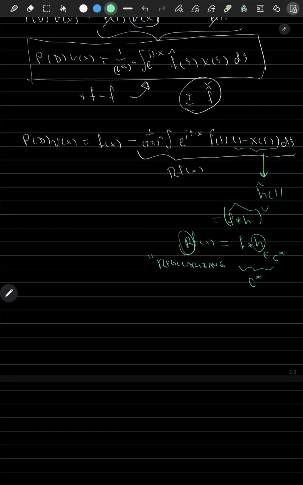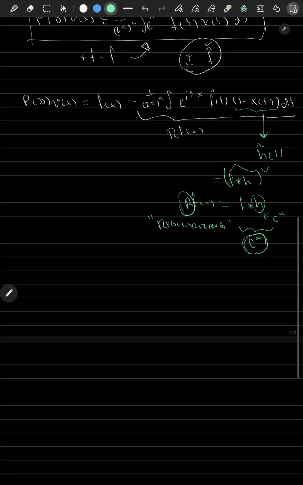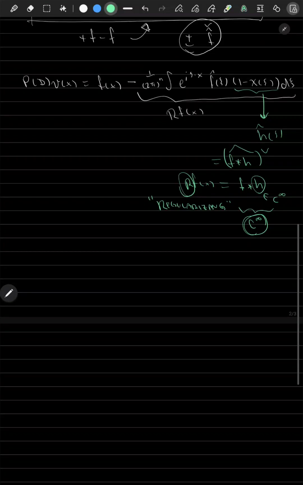Regularizing operator. Because f can be any distribution you want, as long as it's compact support, of course, so that convolution is defined. That f convolved with h will always return a smooth function, independent of the regularity of f. So we have this then.